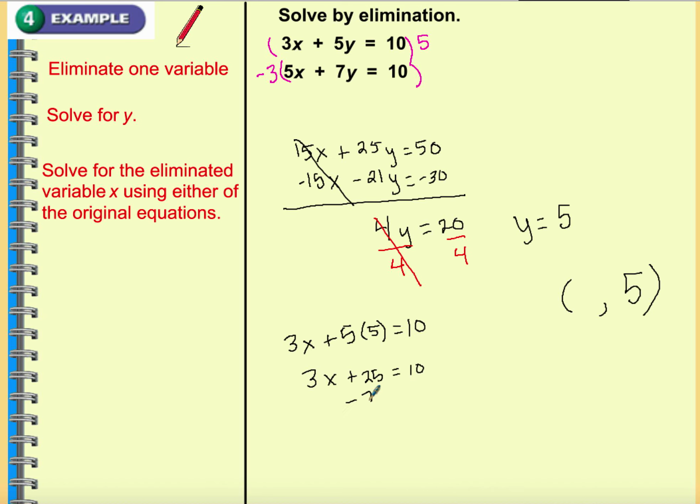I'm going to subtract 25 over to the other side. And we get 3x is equal to -15. So our x value has to be -5. Let's pop that bad boy right up in here and finish up our problem.